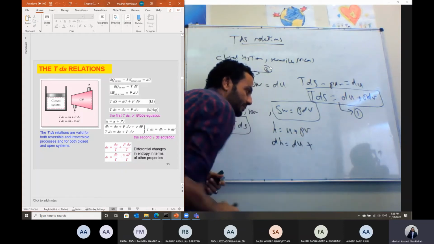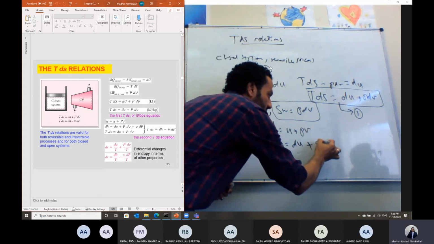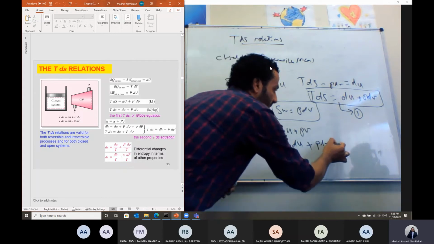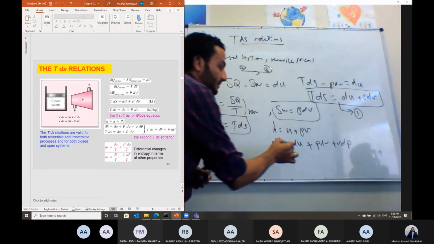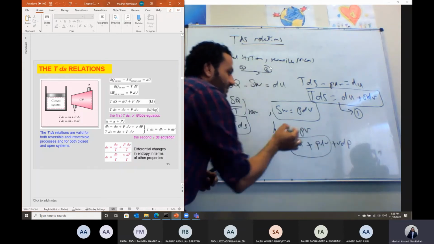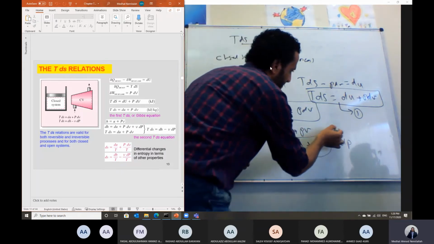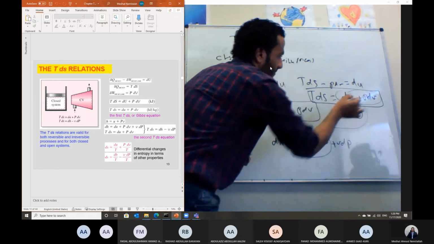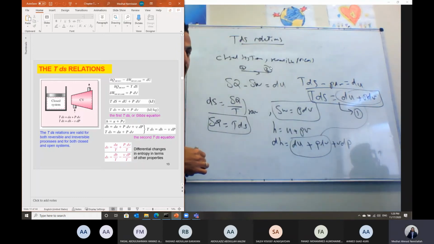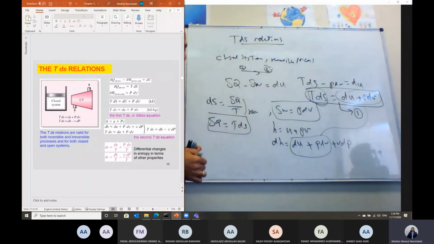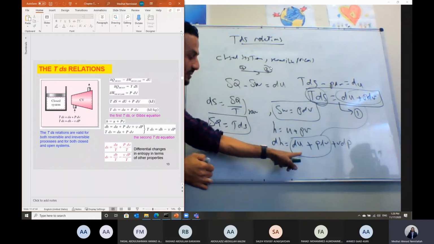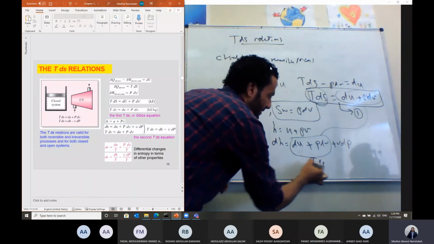We have two variables here, so the differentiation will be P dV plus V dP. All right, dU plus P dV, this term. Is it the same term here? Yes, it's the same term. So this term is equal to T dS, and we can just replace this term by T dS.